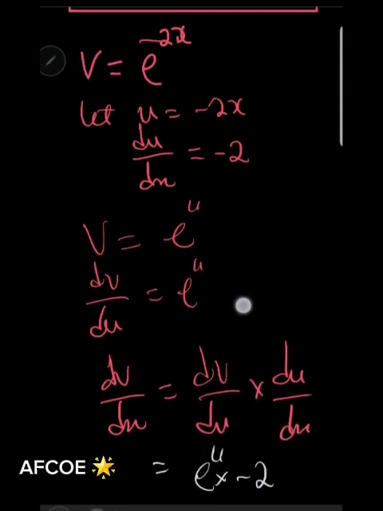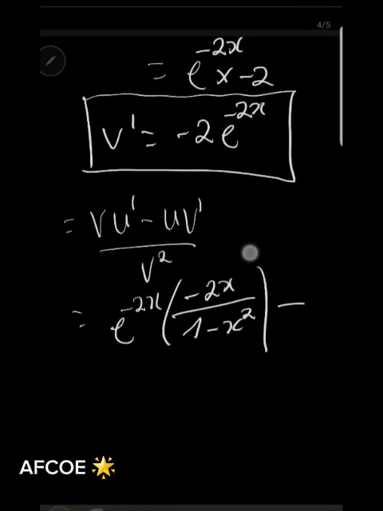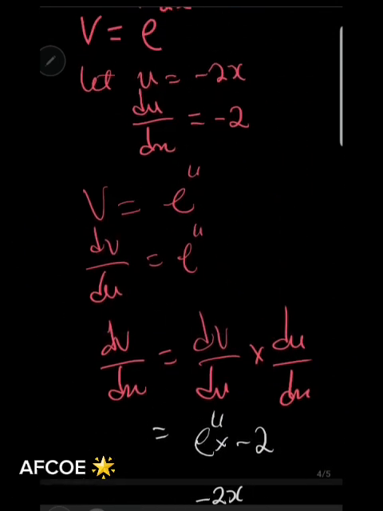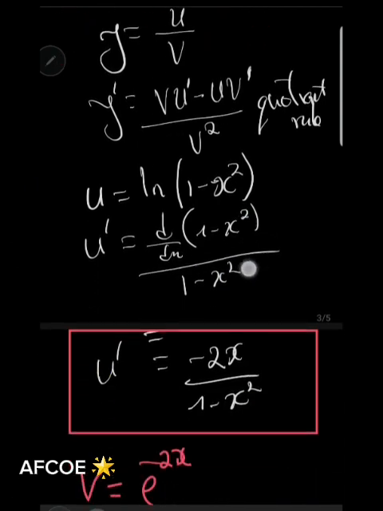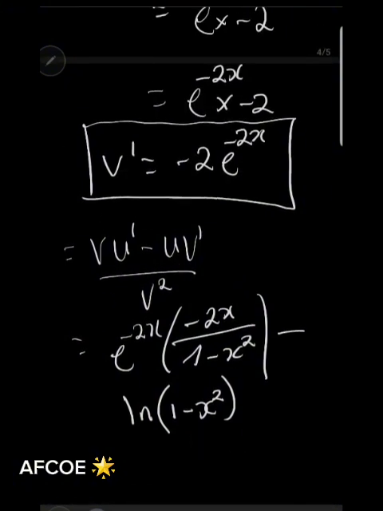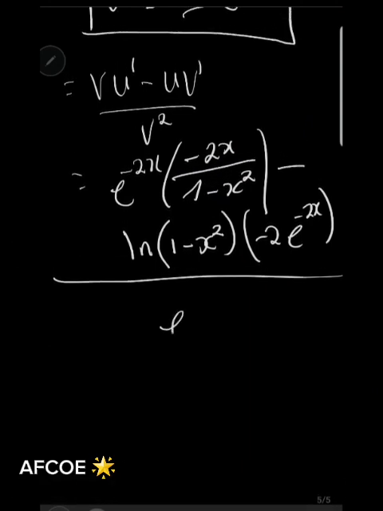Our u is simply the ln of 1 minus x squared, multiplying by v prime, and our v prime is negative 2 e to the negative 2x. All that we divide by our bottom squared, that is v squared, which is e to the negative 2x, all that squared. And you end here.